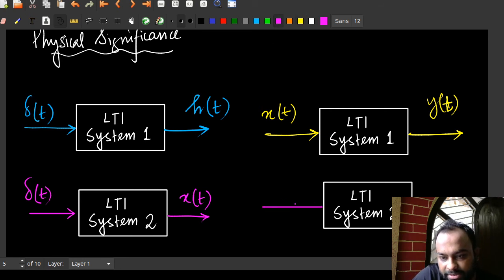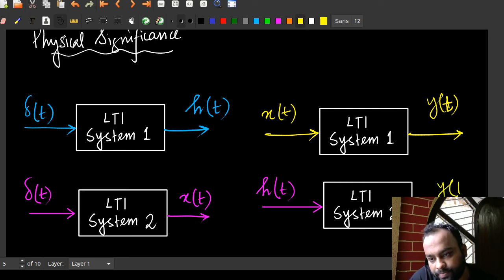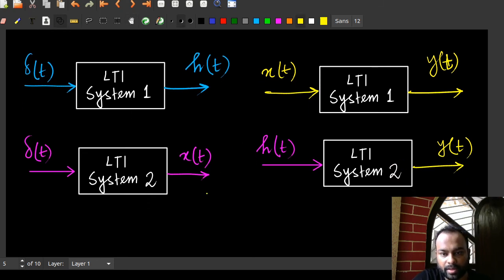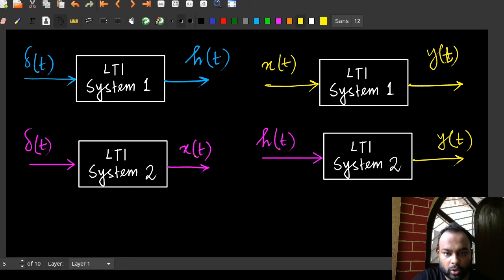Then if I excite the same system with the impulse response of the first system, I get the same output, just because the convolution property is commutative in nature. So the impulse response of this system was x(t), and the input to this system was h(t).